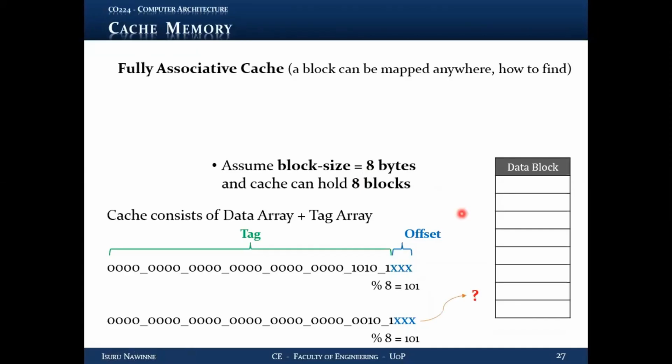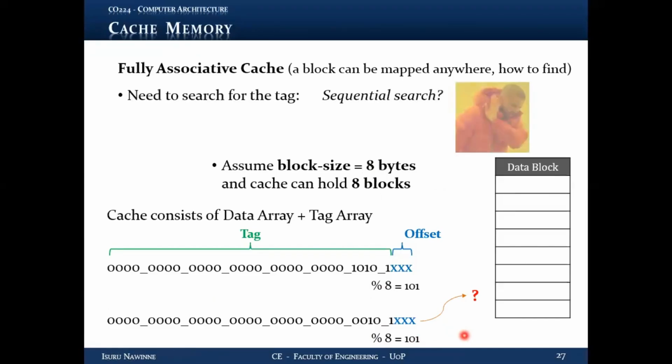Okay. Now, where can this address be if we fetch this block from the memory from that address? Where can that be? We don't have this mod by 8 and mapping to a particular entry in the cache anymore, right? So no index like this. So where can it be?